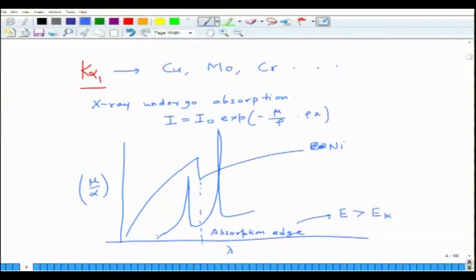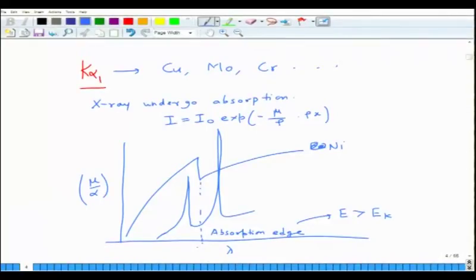If you want to use K alpha predominantly, you let the X-rays pass through a nickel filter, because nickel has a K absorption edge. This is the K edge of nickel. Nickel has a K absorption edge which falls between the K beta peak of copper and the K alpha peak of copper.